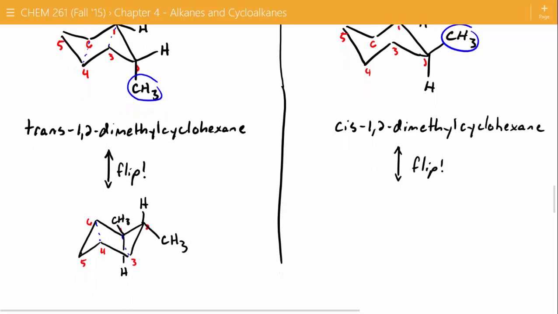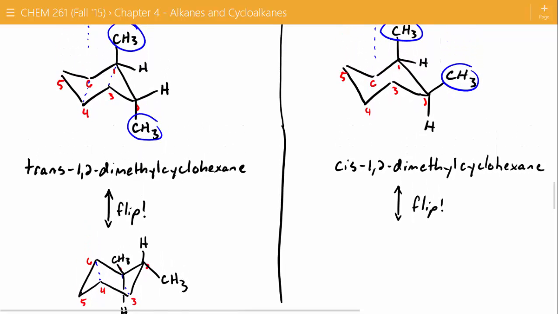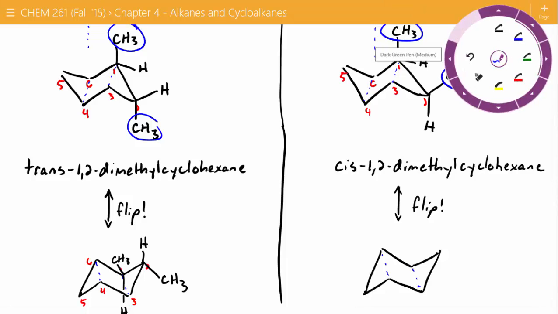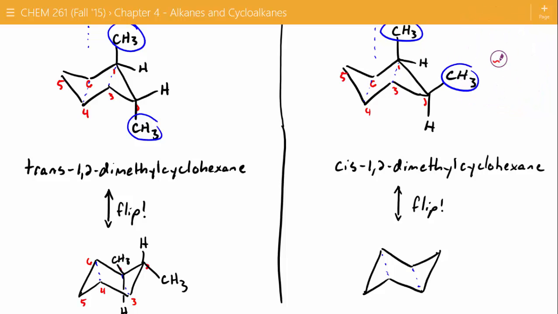All right, let's do our other chair. Let me see if I can squeeze this on one page. We'll do our hinges again between 6 and 4 and 1 and 3. So I'll label all these protons again. This is 1, 2, 3, 4, 5, and 6.